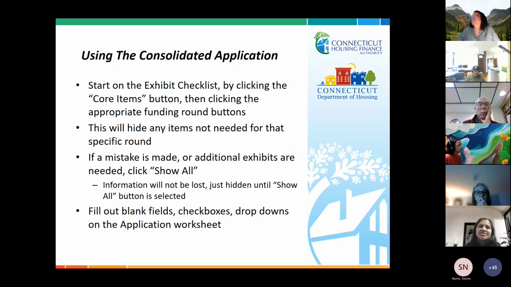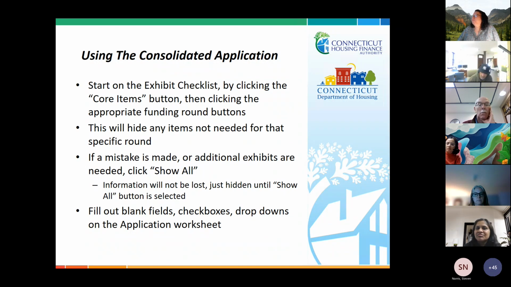So, using the consolidated application. This is really important because we use the same application for multiple funding rounds. Start on the exhibit checklist, and then hit the button called core items. Then to your right, you'll find a lot of funding rounds. Pick HTCC, because that's the application that you're looking to submit for.